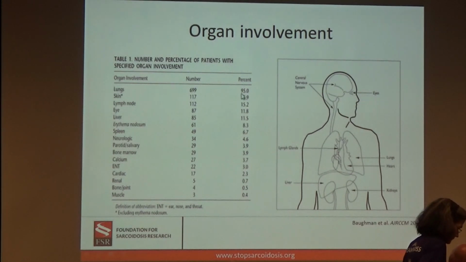The lungs were the most commonly affected. That's why so many lung doctors are sarcoid doctors, because the lungs are very commonly affected. 95% of those 736 people had lung involvement.